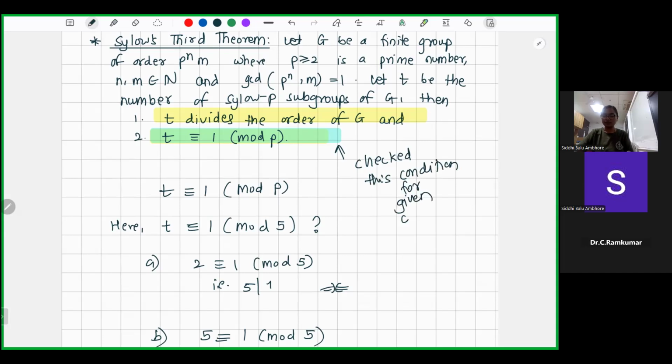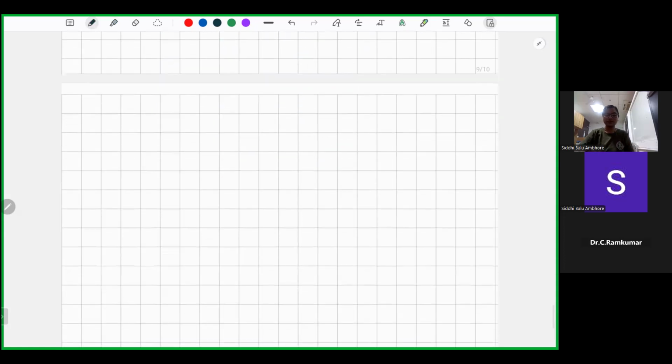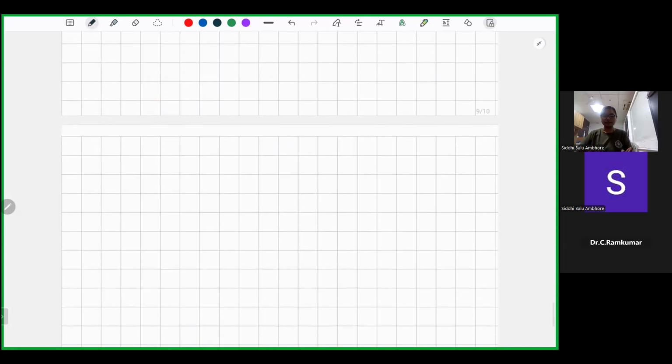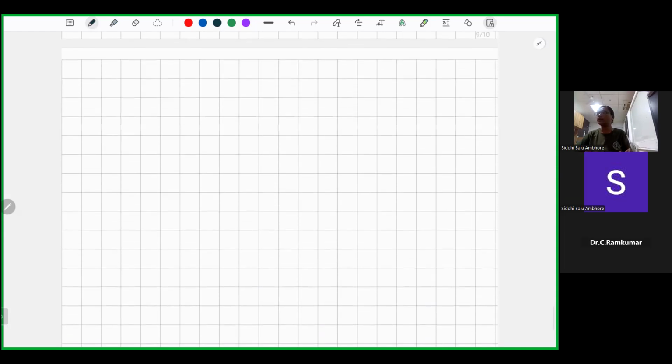And apart from that, there are many theorems which we will see maybe today or next week as we move ahead.